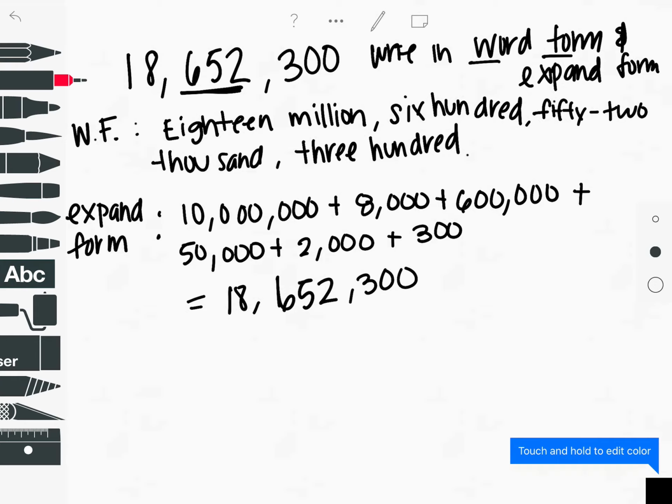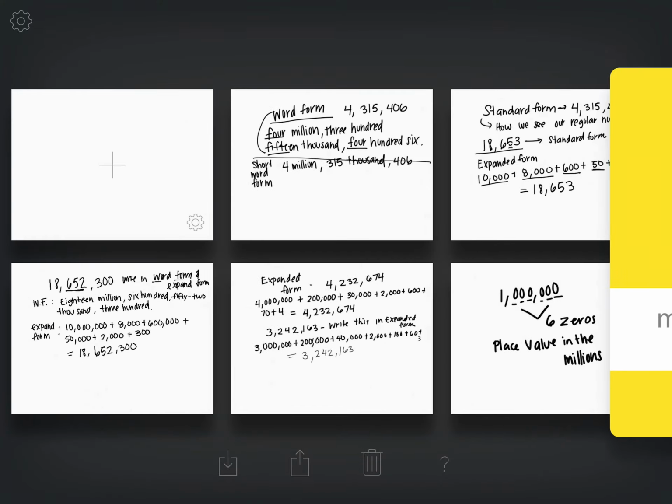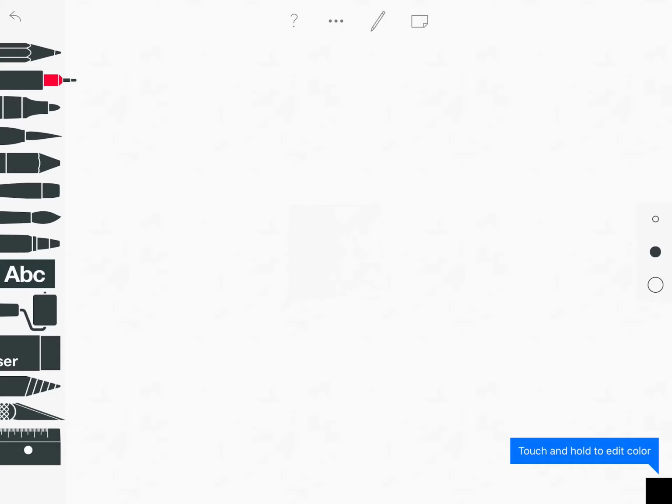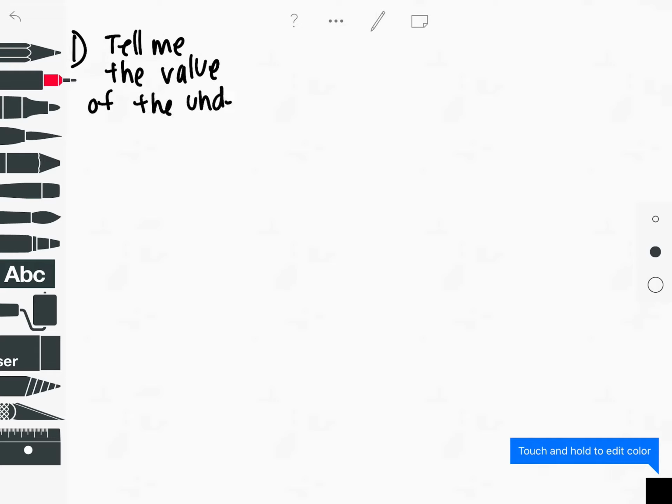So how are we feeling about doing this? Let's do one more together before I give you your assignment and your discussion post. So now I'm going to ask you for three things in this following part. The first thing I'm going to ask for is the value of the underlined digit. Then I'm going to ask for the expanded form.